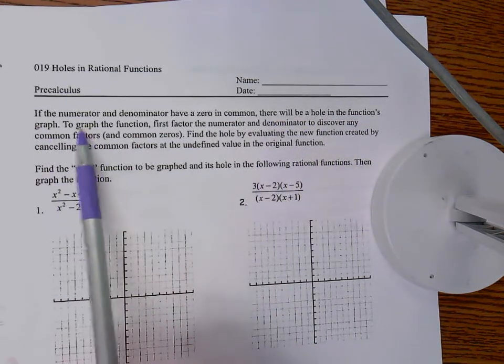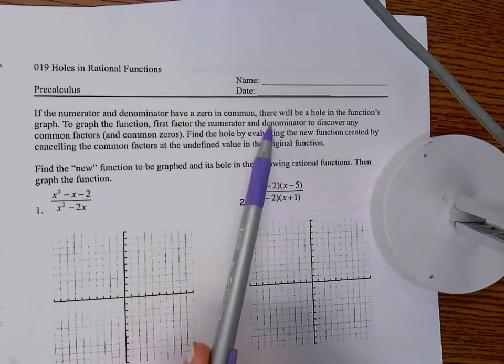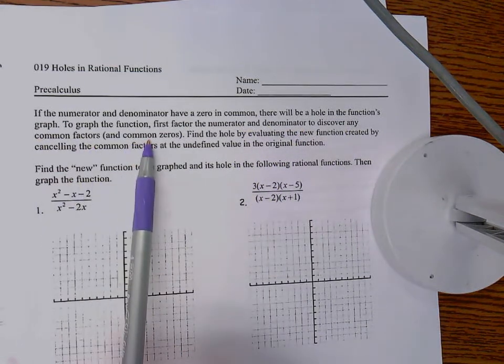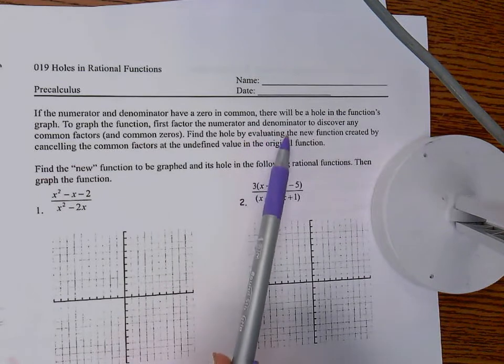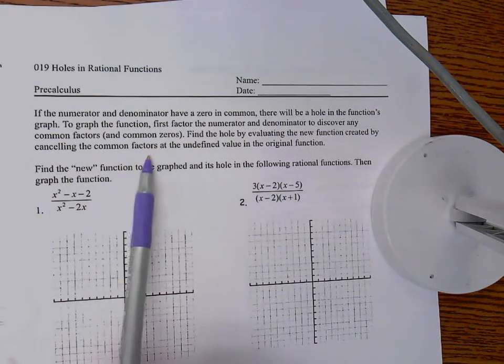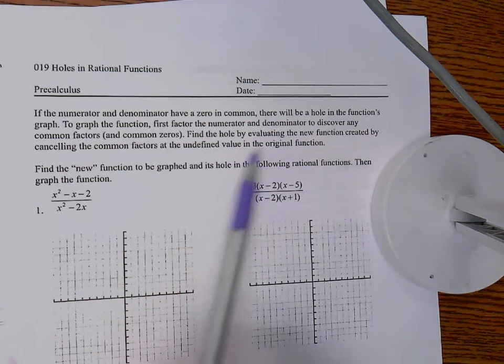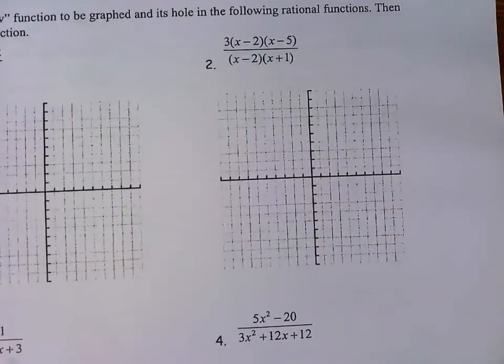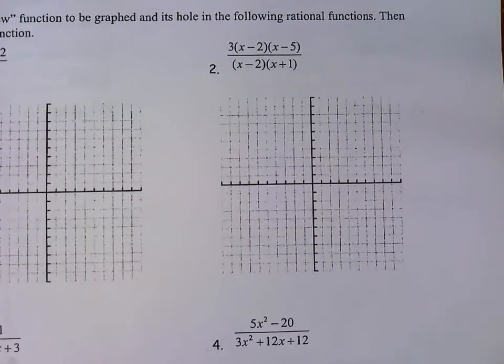To graph the function, you want to factor the numerator and denominator to discover any common factors, and you find the hole by evaluating the new function created by canceling the common factors at the undefined value. I'll show you what that means, because that's a mouthful. I'm actually going to skip over to number 2 first, because it's already in factored form.